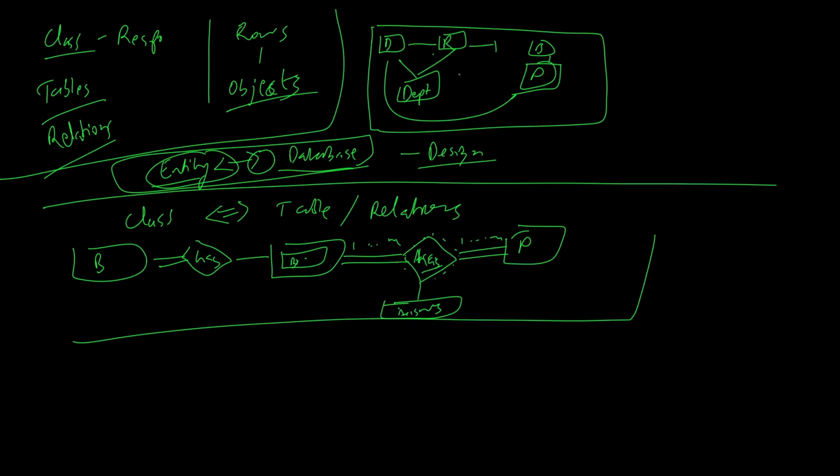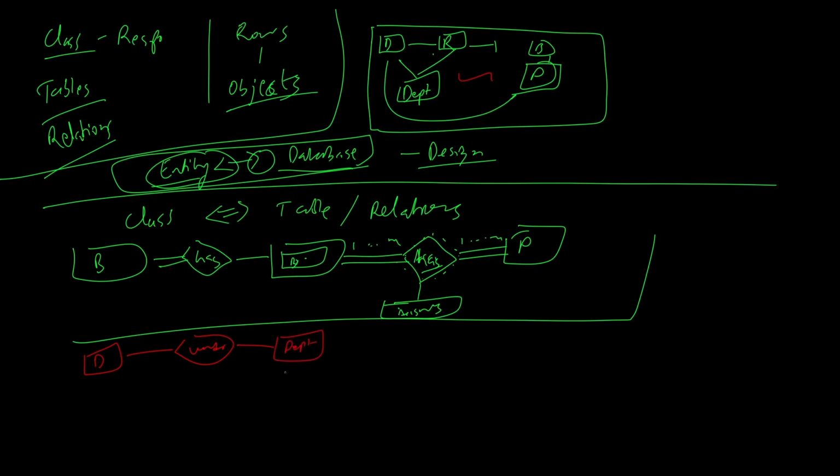Now if you talk about this thing over here, okay, we have a doctor table that is under, let's say, a department. Oh, that's not a relation actually, this is under a department.